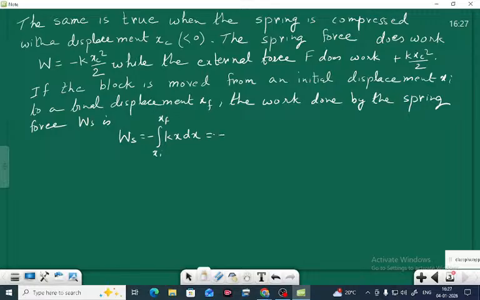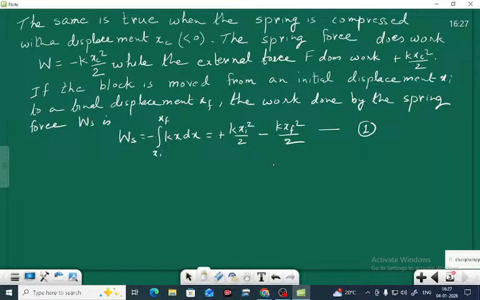Therefore we get the value minus k xi square by 2 plus k xf square by 2. This is equation number 1.